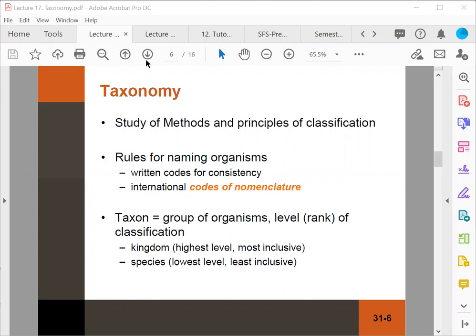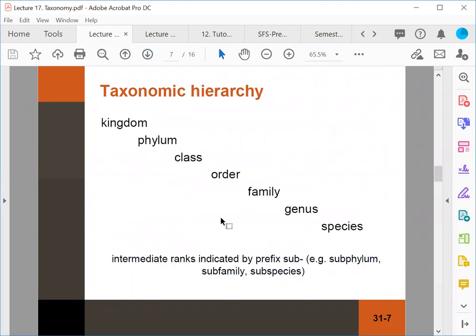So let's look at the taxonomic levels on the next slide. Here we go. So here's the taxonomic hierarchy. The highest level is kingdom. So for example, kingdom Animalia, kingdom Plantae, and so on. Beneath the level of kingdom, we have several phyla. Just note that phylum is singular, phyla is plural.